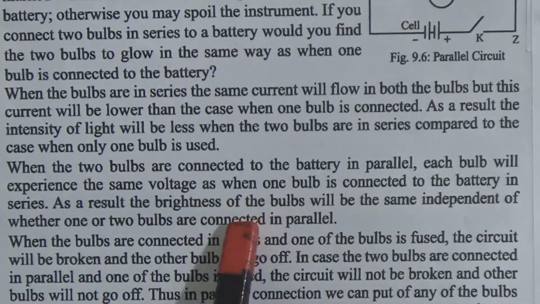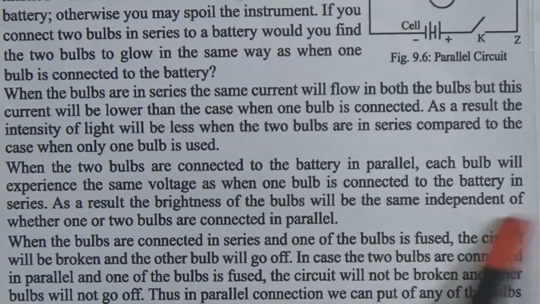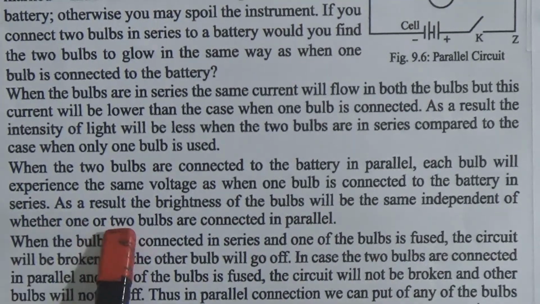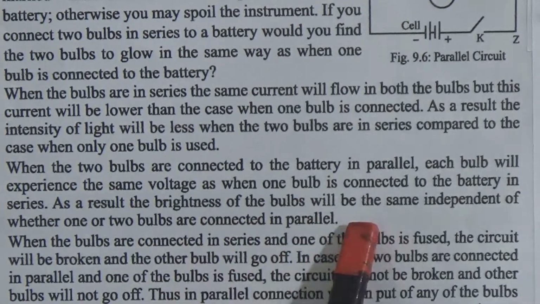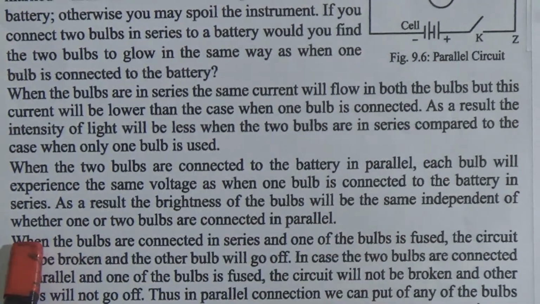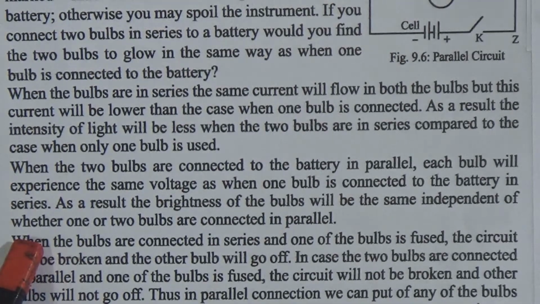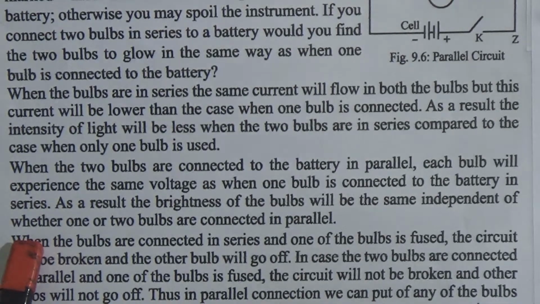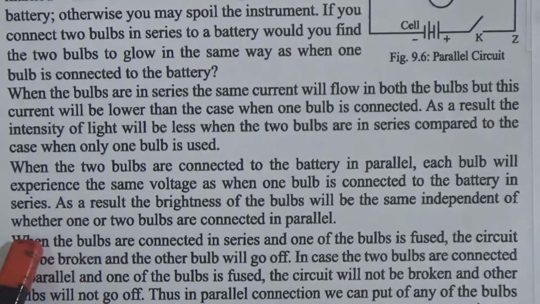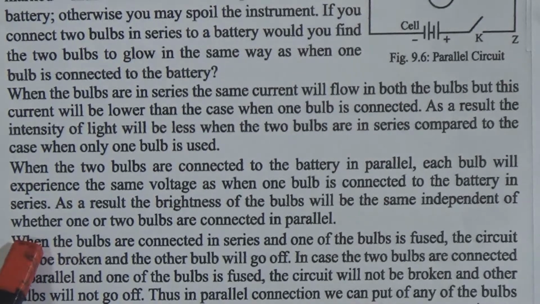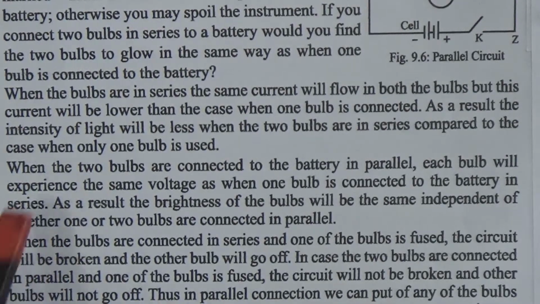As a result, the brightness of the bulb will be the same independent of whether one or two bulbs are connected in parallel. That means in parallel circuits, if we use one bulb, we will get that much intensity of light. That same intensity we will get if we join two bulbs in parallel.